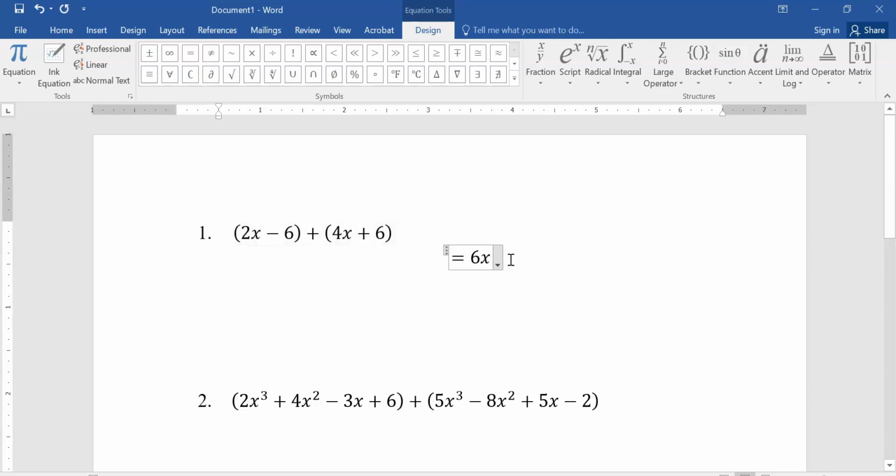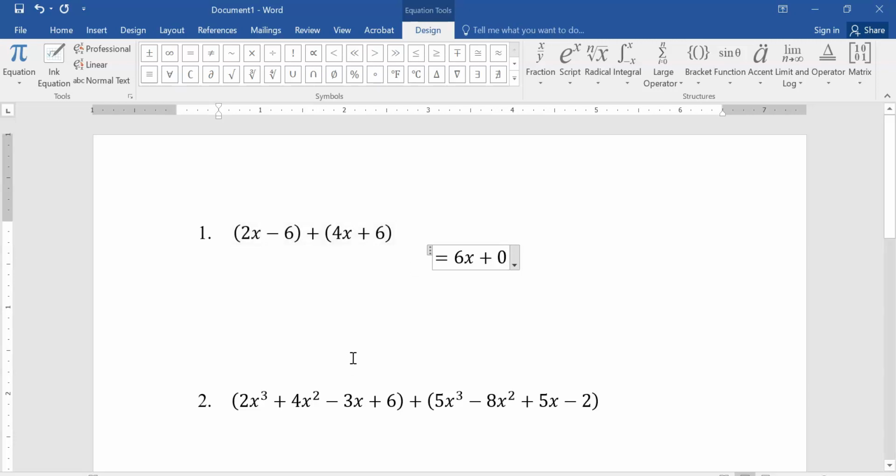How many total x's are we going to get? We're going to get a total of 6 x's. So when you combine like terms, you're just adding the coefficients and the variables don't change in terms of the exponents. Now, when you add a minus 6 and a plus 6 together, that adds to 0.